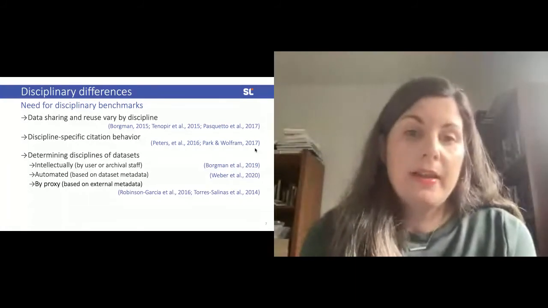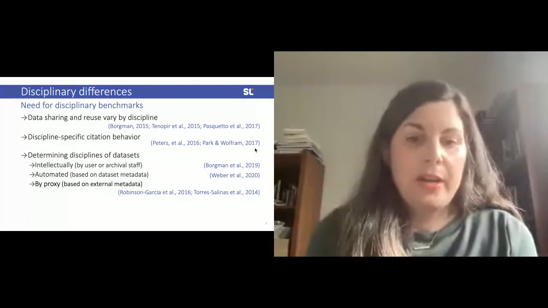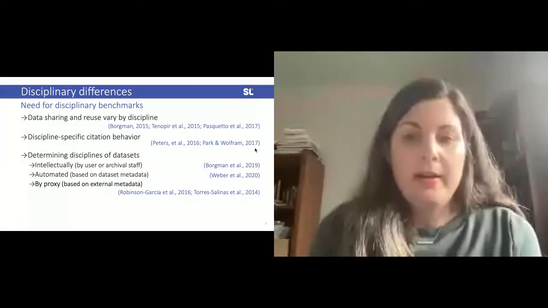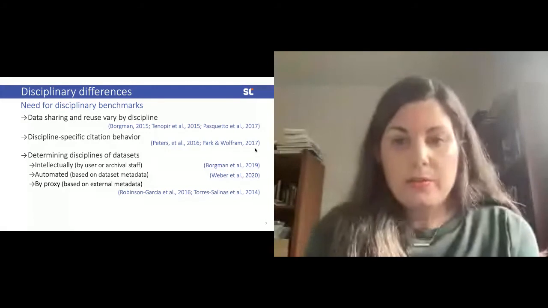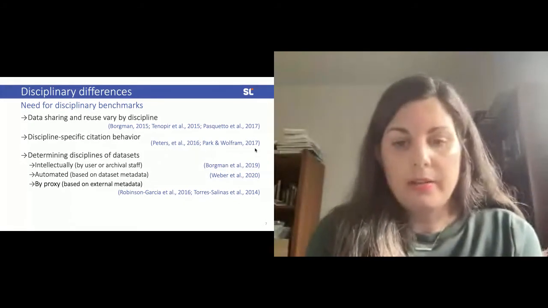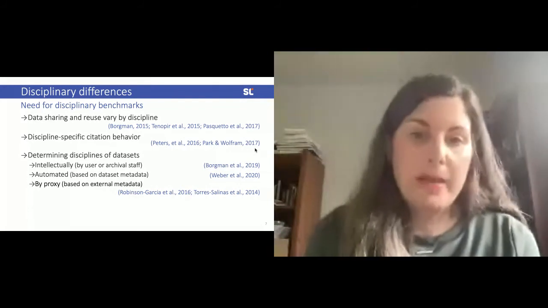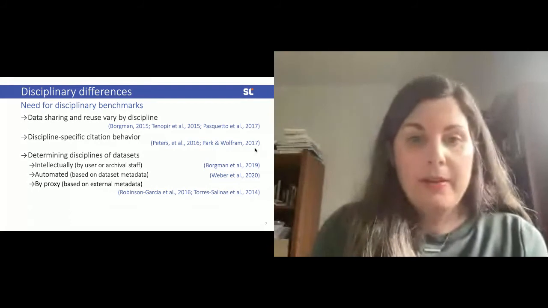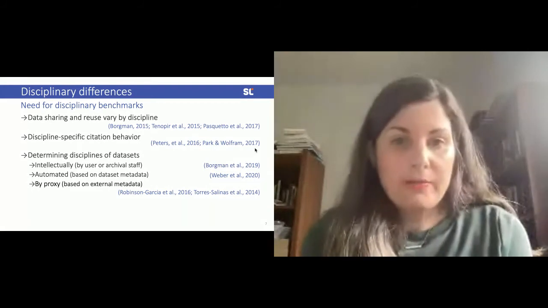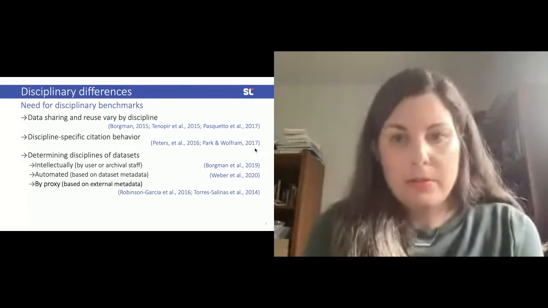And there are also other approaches that if we don't have metadata available for the specific data set, then maybe we can use proxies that come from external additional sources. So we're thinking here about connecting the data set to a journal article or to the authors of the data set and see what else they have published, so that we can maybe infer a discipline from their publication behavior, because it's very likely if they've always published on cancer research that their data sets would also be cancer research.